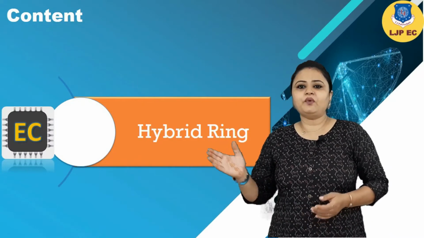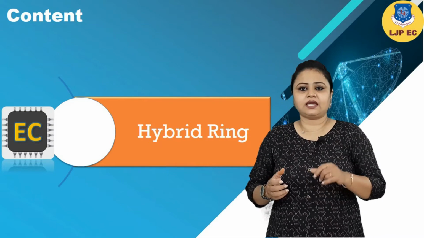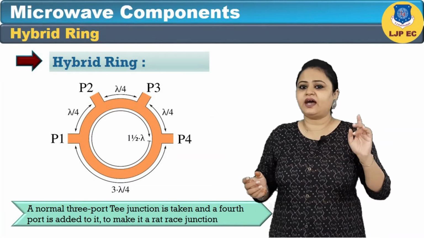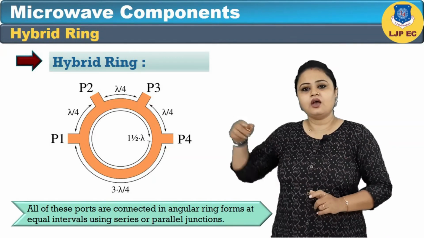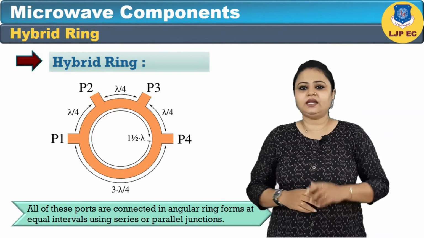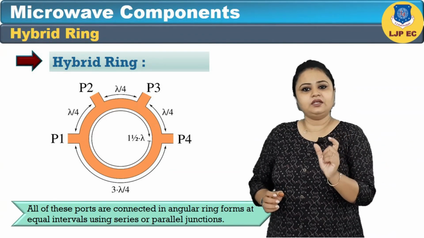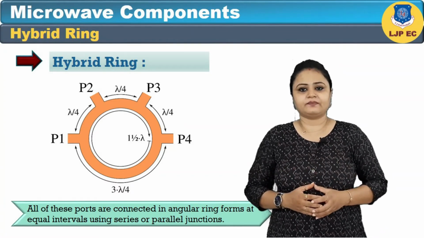Now we will move on to the angular 4-port T, which we call the hybrid ring. It is a 4-port device which is also known as the rat race junction. All of these ports are connected in an angular ring form at equal intervals using series or parallel junctions.